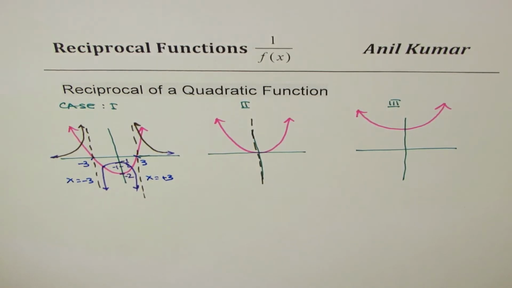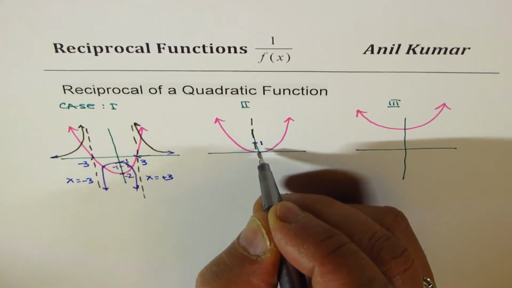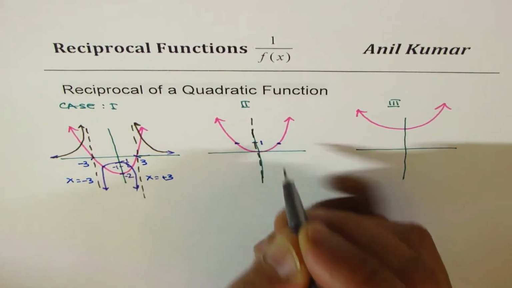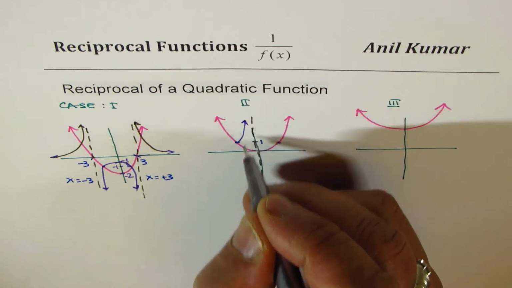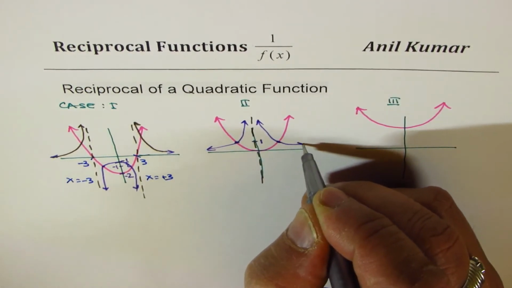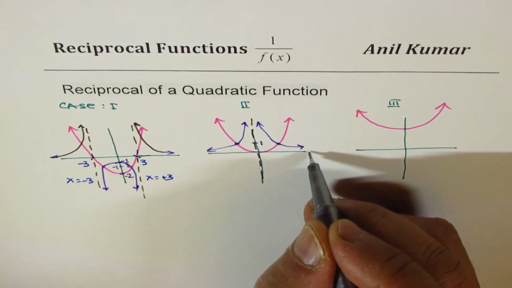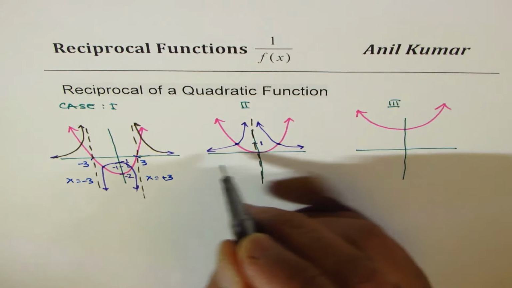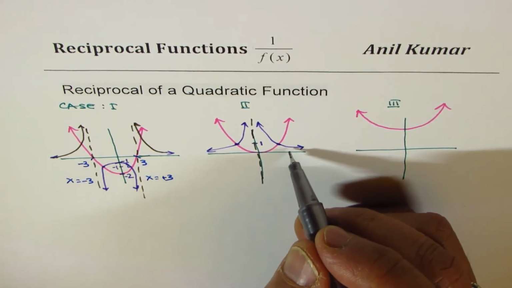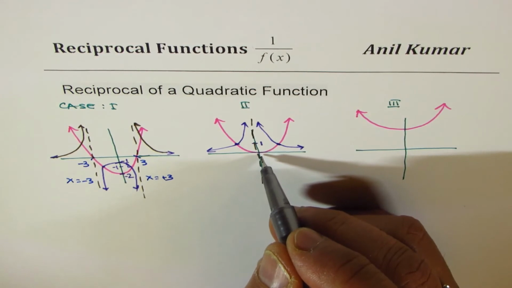Similarly, the second graph's reciprocal can be drawn very easily by locating plus 1. So let's say this is plus 1. So the reciprocal graph will be like this. It is approaching 0, the x-axis, when x approaches positive or negative infinity, and it approaches positive infinity when x approaches 0.